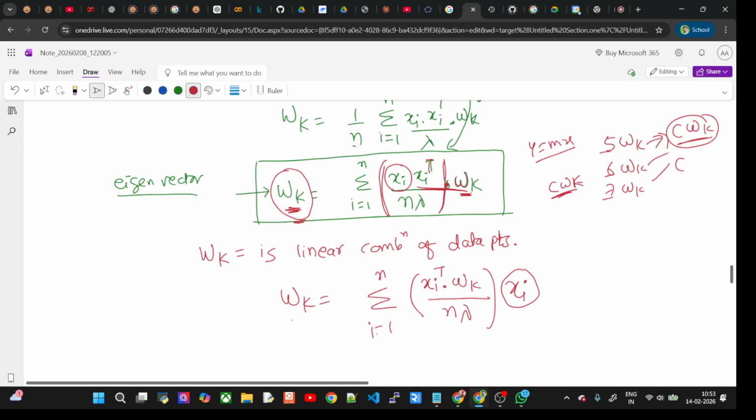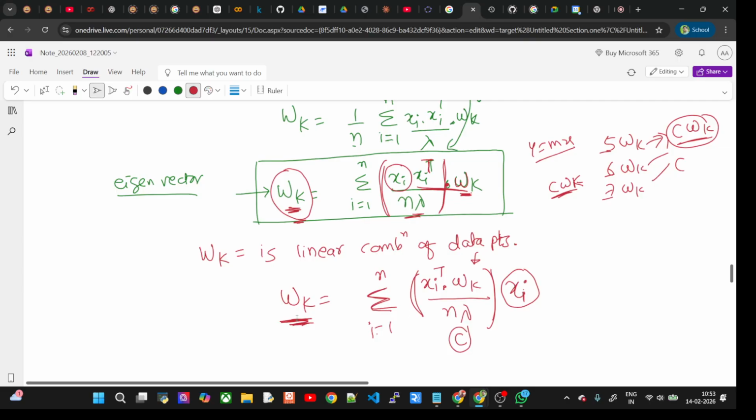So to get the actual wk, the actual eigenvector, you are doing a summation of some constant c. This is actually the constant. I just rearranged the values, took xi transpose into wk as one and put xi outside. These are the constants.